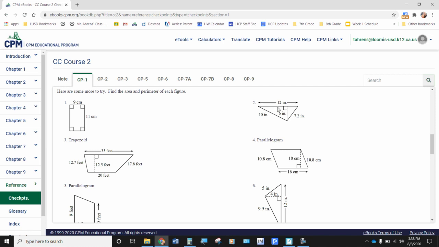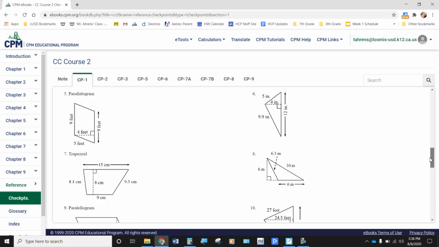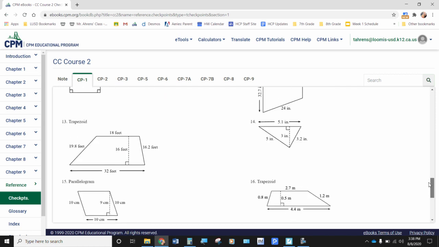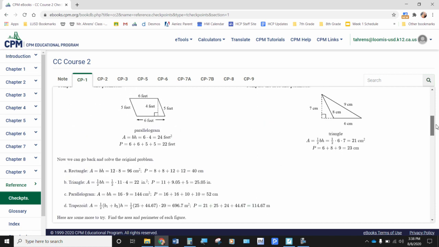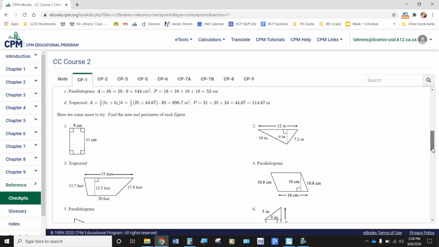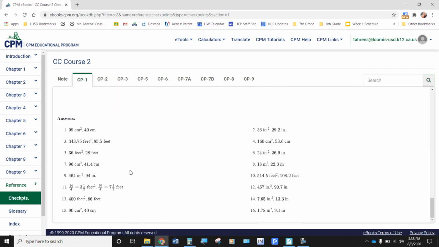There's a triangle, find the area and perimeter of the triangle, and there are a total of 16 different examples there for you to work on. Use the formulas that are shown up here, and then you can check your answers to make sure you're getting those correct, okay?